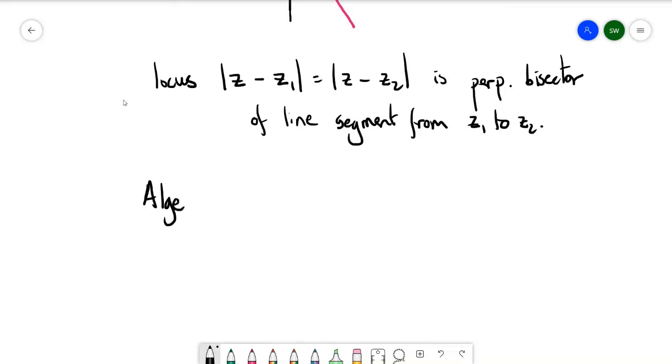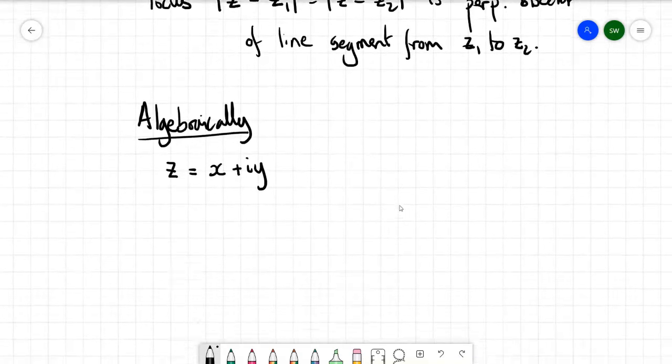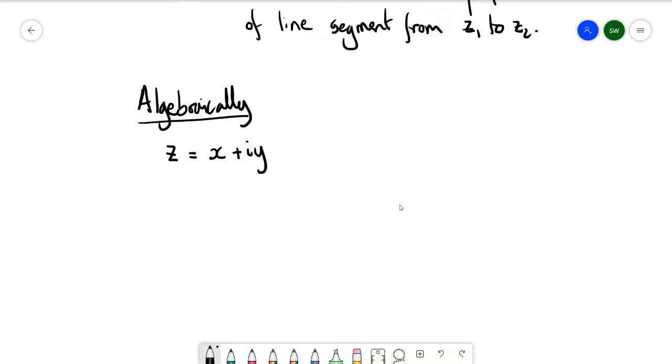So let's have a look at how to do it algebraically. When we derive it algebraically, we always start with z having the coordinate xy. So z as a complex number is x plus iy. And we're looking for all the pairs xy that satisfy this condition. So let's sub in x plus iy for z.